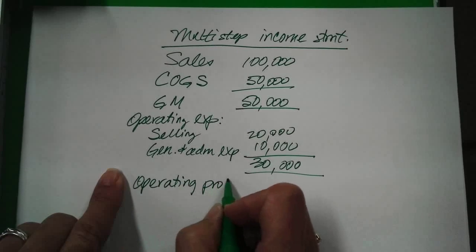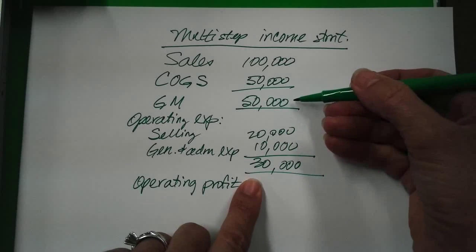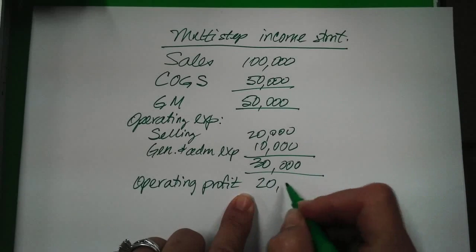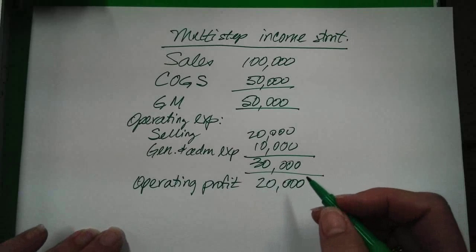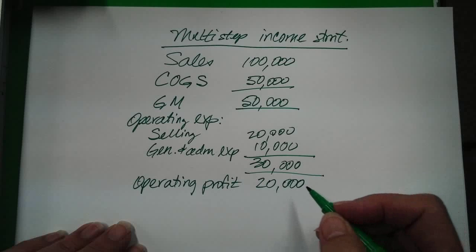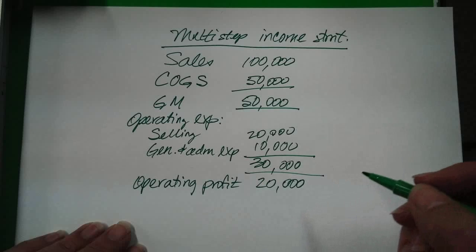Those are interchangeable words. Okay, so a gross margin of 50 minus operating expenses gives us an operating profit of 20.